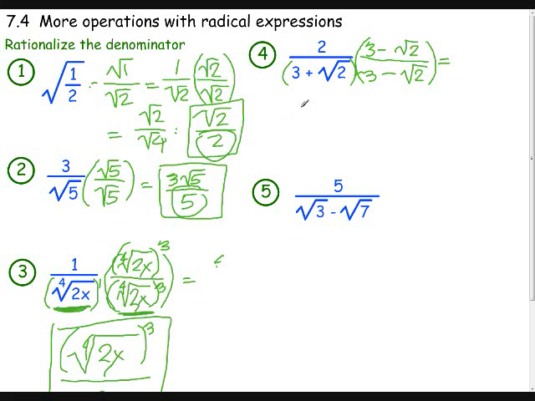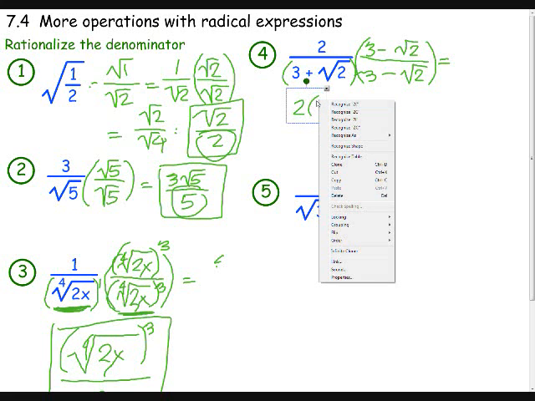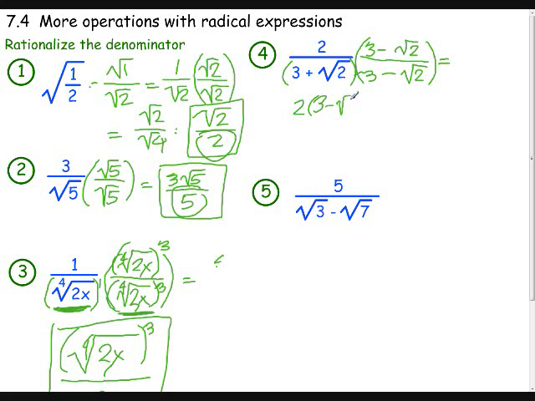And then we go ahead and simplify. We end up with 2 times 3 minus the square root of 2 over, what happens, we square this first term, 3 times 3 gives us 9, and then the square root of 2 times negative square root 2 is negative square root of 4, which is, now our numerator never changes here, 2 times 3 minus square root of 2 over 9 minus 2, 7.